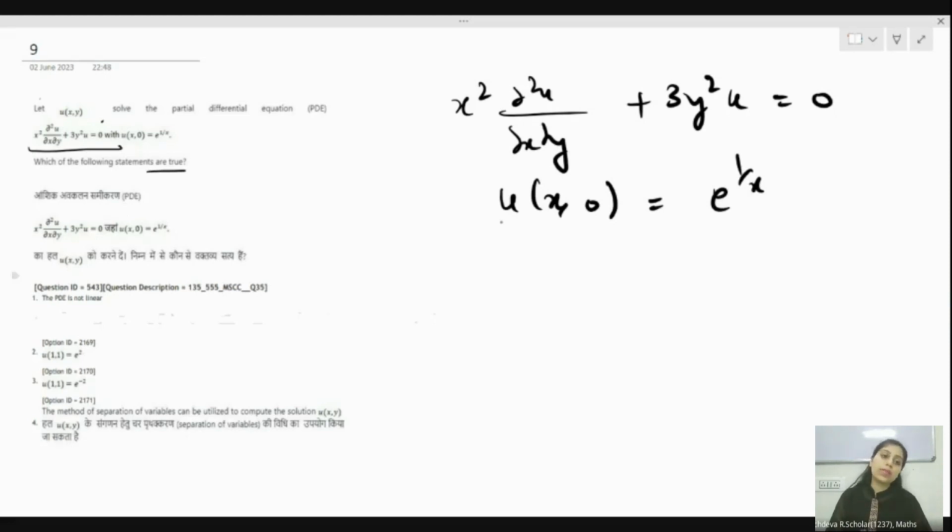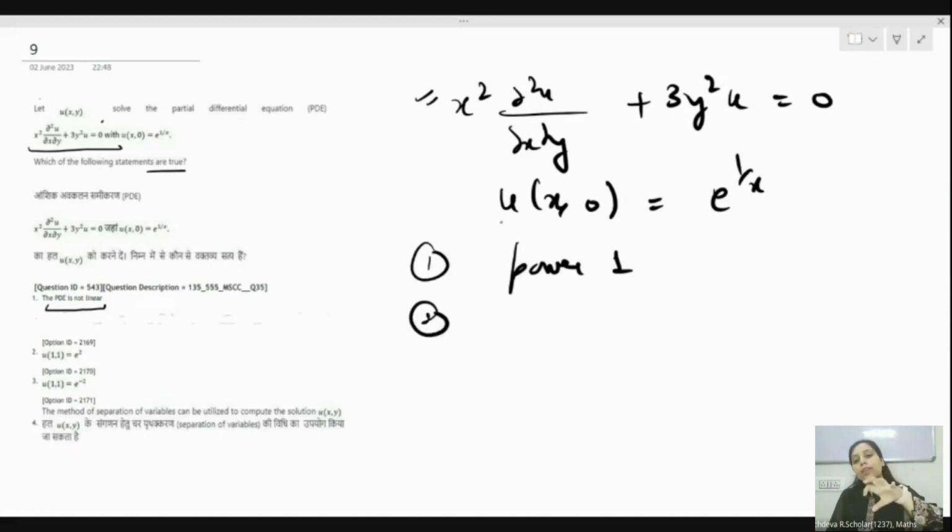Here we can see the first option is whether the partial differential equation is linear or not. So how can we check whether the given equation is linear or non-linear? In a similar manner, like in ordinary differential equations, just see all the derivatives have power 1. Second, you have to check the derivatives are not multiplied by the dependent variable, and the dependent variable is also not in higher power.